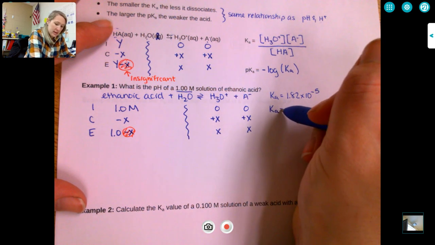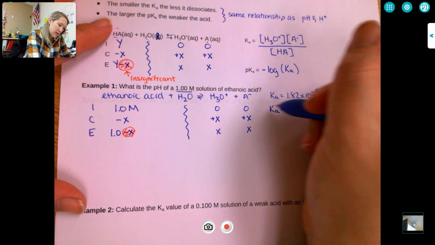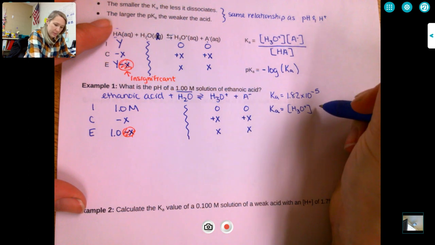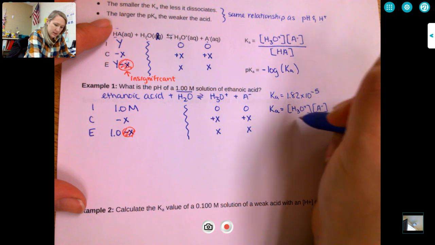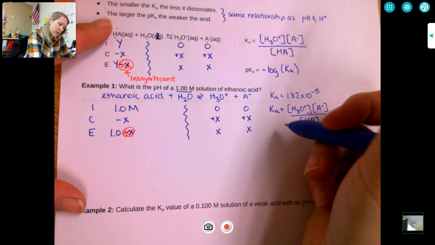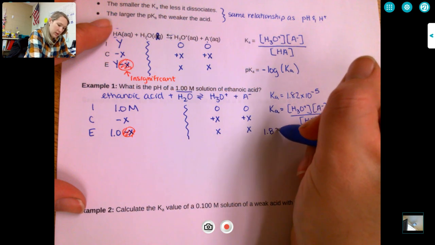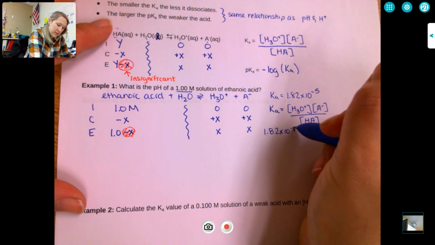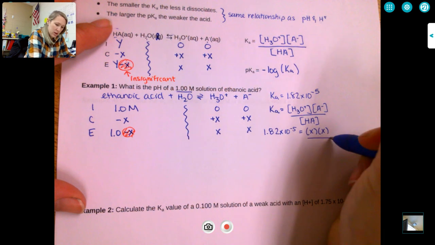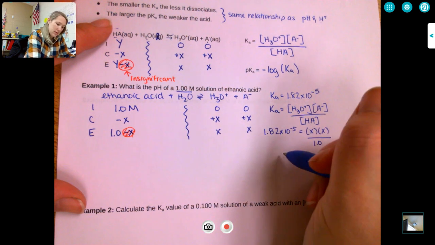My Ka equation is our H3O plus times our A minus over our HA. So I go ahead and plug in 1.82 times 10 to the negative 5. These are both x. I get x squared over 1.